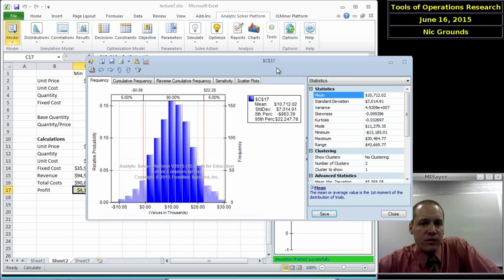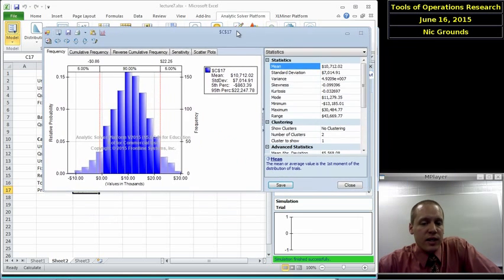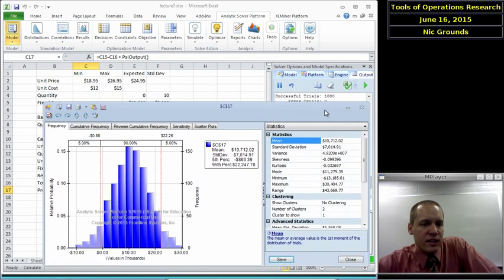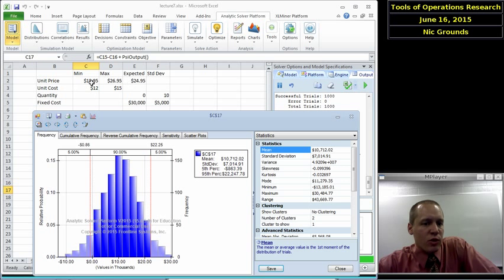By default, it generates 1,000 sets of randomly picked values for prices and costs and quantities, and then graphically depicts the profit computed from that. You can see the expected average profit is about $10,712. That's how much profit we think, as an electronics company, we're going to make given these various parameters for our distributions of uncertain values.